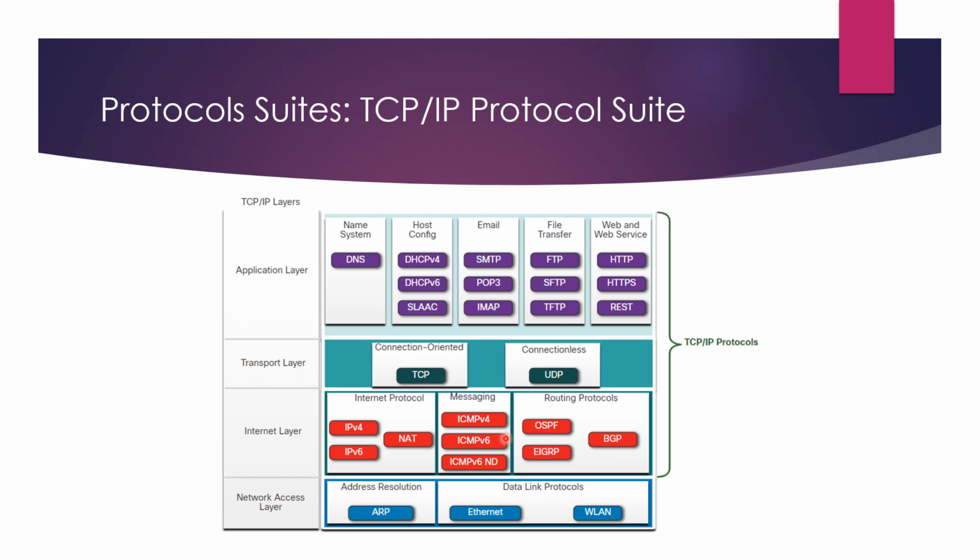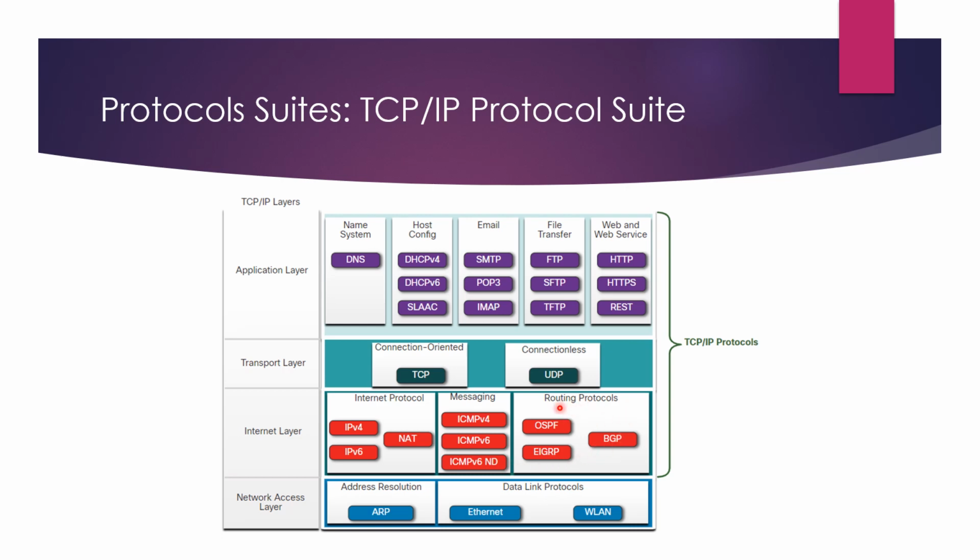We also will have ICMP for IPv6, which has the same function as the Internet Control Message Protocol for IPv4, but it is used for IPv6 packets. And we will even have the Internet Control Message Protocol version 6 Neighbor Discovery. It includes 4 protocol messages that are used for address resolution and duplicate address detection.